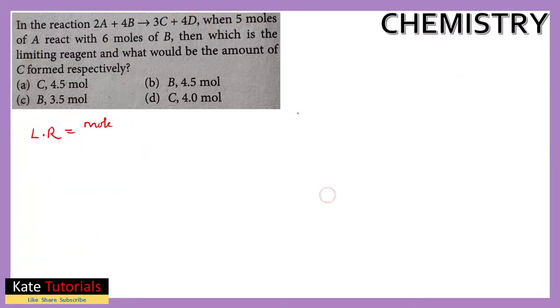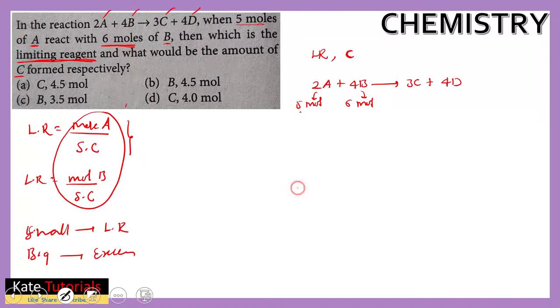So here they have given 5 moles of A and 6 moles of B. So limiting reagent, if I want to calculate, the mole is 5 mole divided by stoichiometry of A. Stoichiometry means the number behind this A, what is there? 2. 5 divided by 2, and here this is 6, and behind that 4. 6 mole divided by stoichiometry 4. B, behind it 4 is there, right?